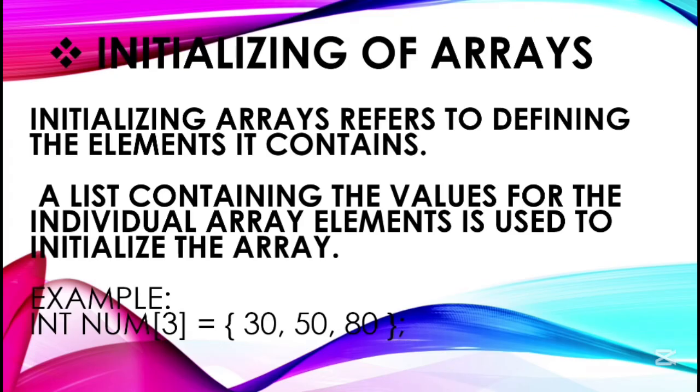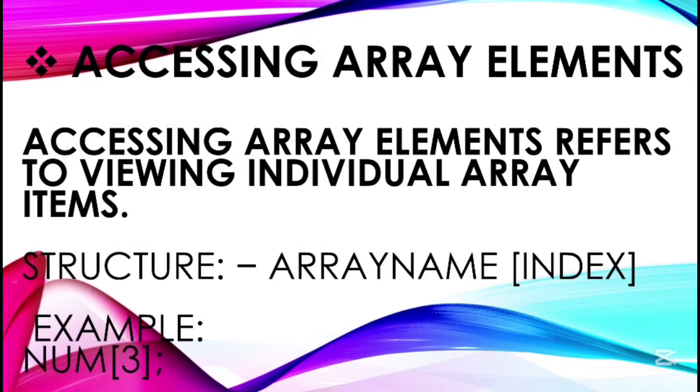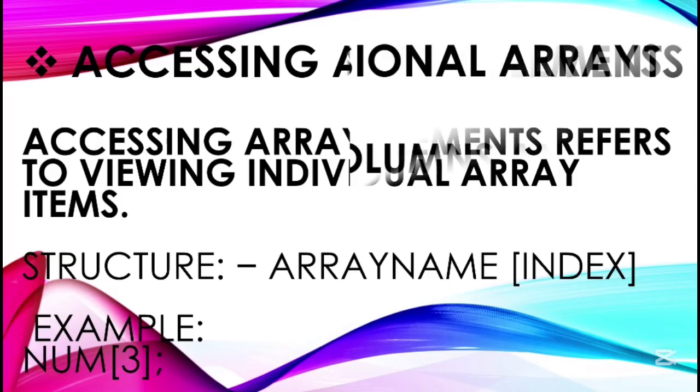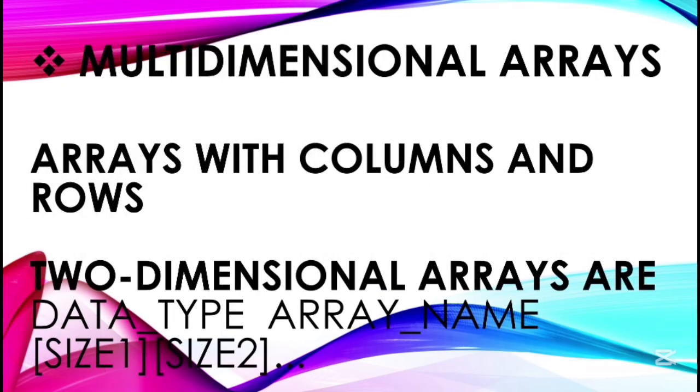Initializing arrays refers to defining the elements it contains. For example, ints, where we have an array of 3, we can see there are 3 values there. Accessing array elements refers to viewing individual array items.